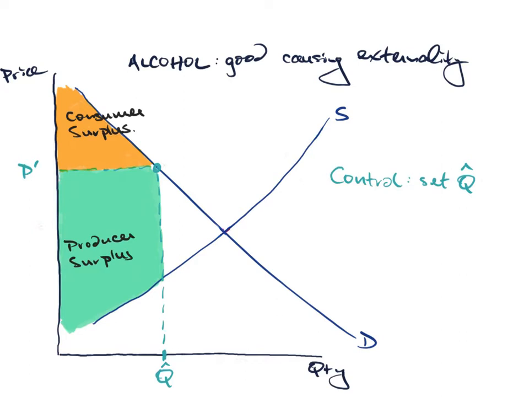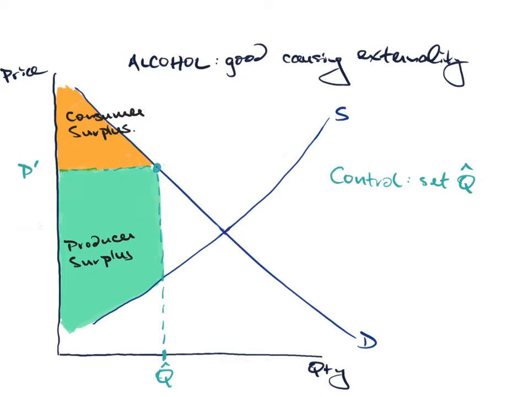If there's a quantity control, I apologize, not price control, a quantity control, it drives the price up to P prime. Consumer surplus is everything below the demand curve down to the price that consumers pay, as far out as the quantity that consumers consume. So it's this orange triangle up here.